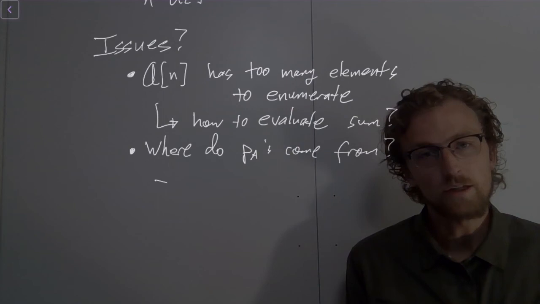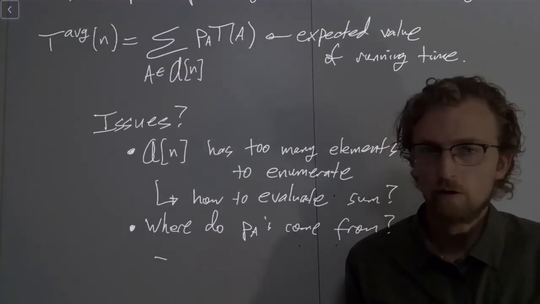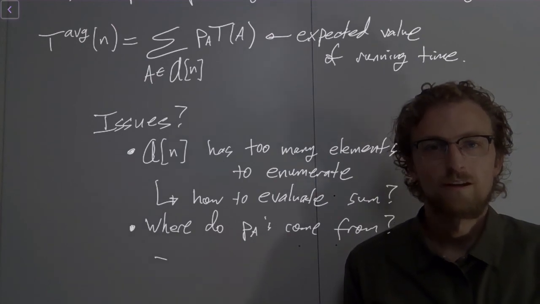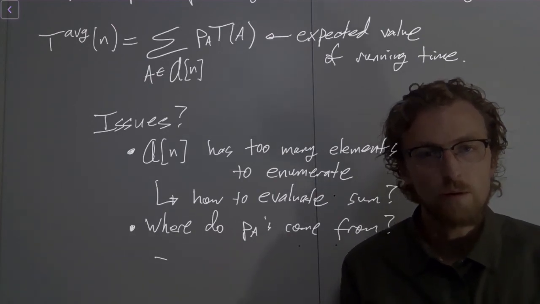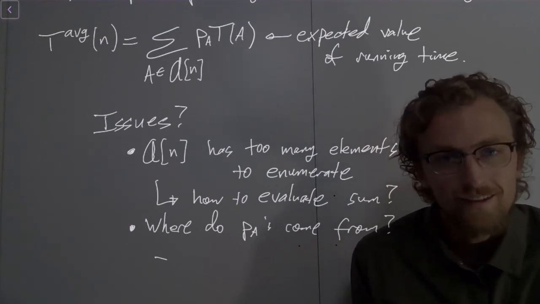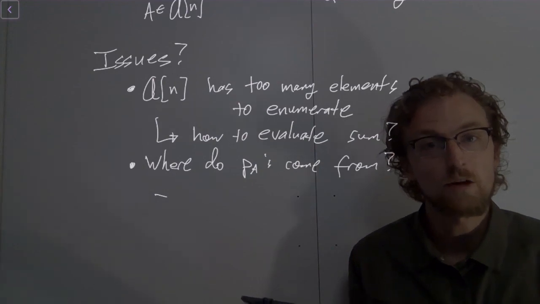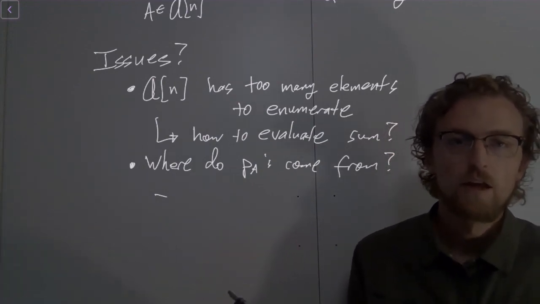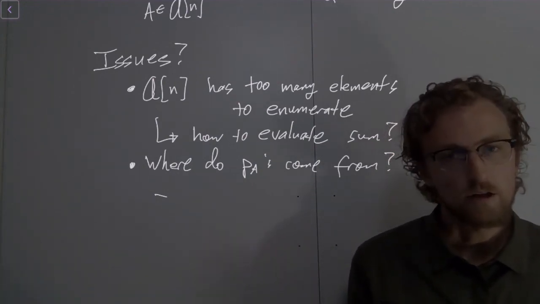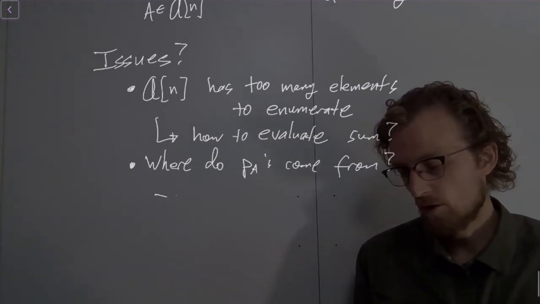Rather than trying to evaluate this sum, you could just run your algorithm on a whole bunch of typical inputs, on things that seem to represent your input space, and then tabulate the running time. Then you're not computing an expected value. Instead, you're determining an empirical average. So you could do experiments.